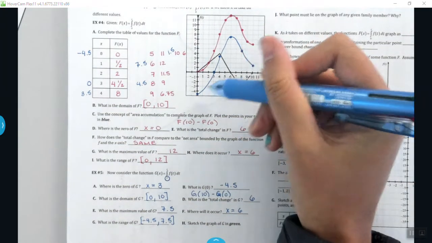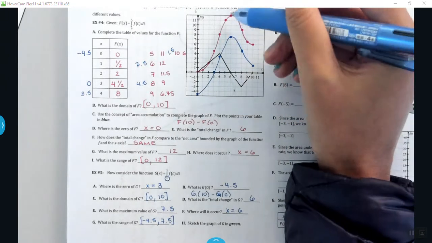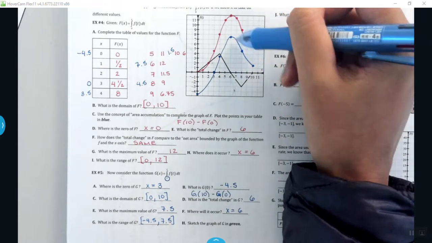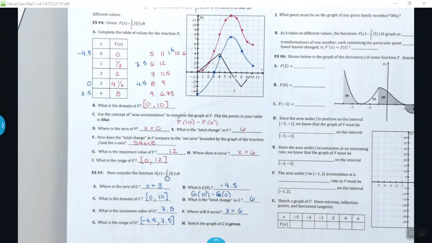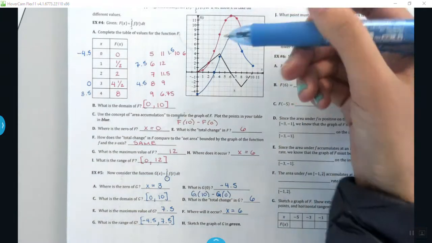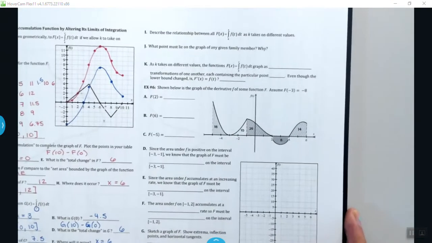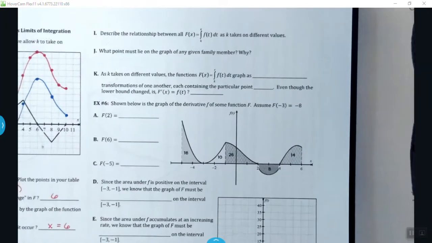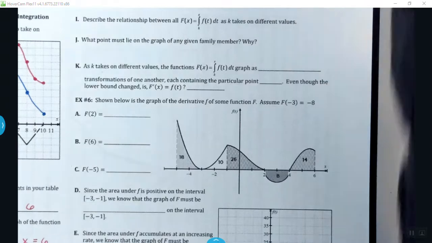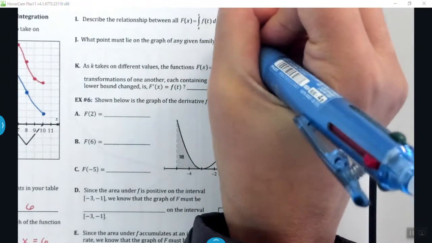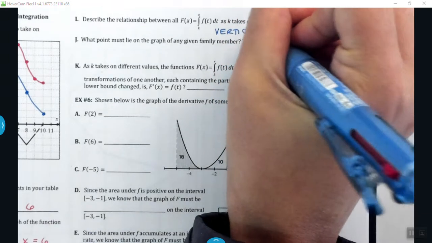I'm still increasing in the same areas, I still have my maximum at the same x value, and I'm still decreasing in the same areas. Concavity stays the same. The only thing was it's a vertical transformation. So all graphs of this form are just vertical shifts of each other.